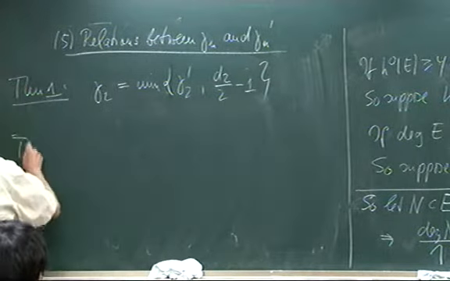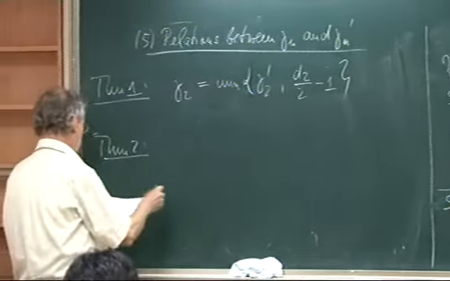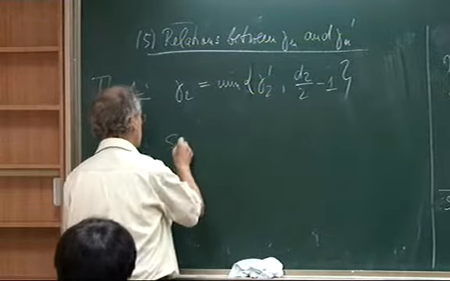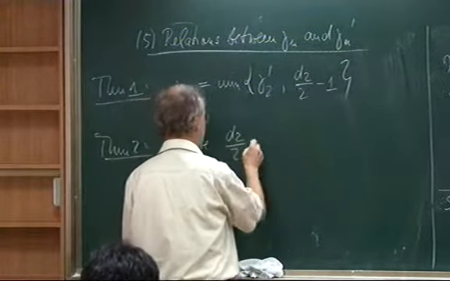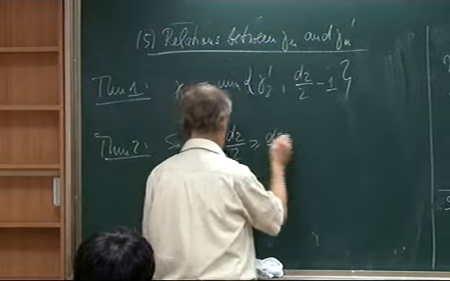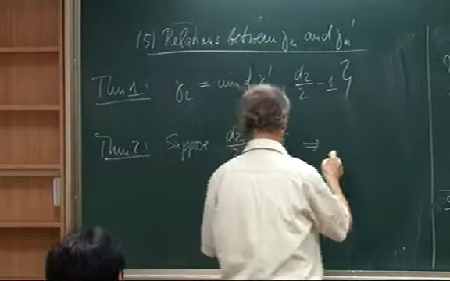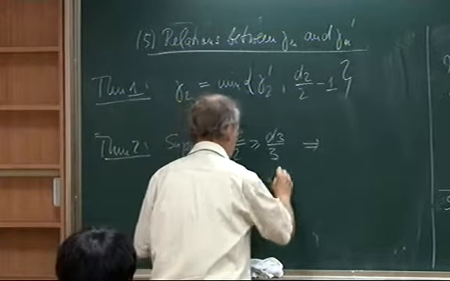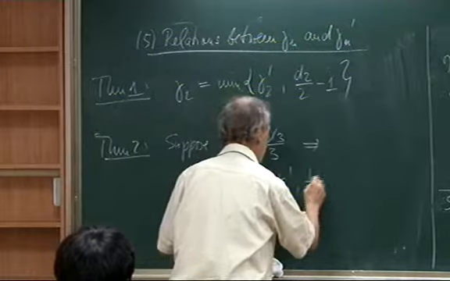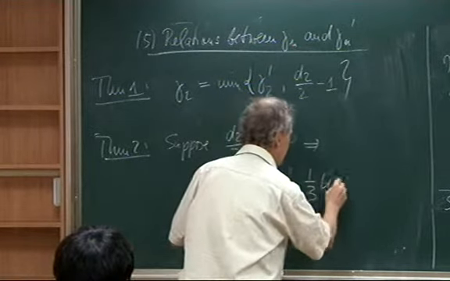So for rank 3, theorem 2, rank 3 and rank 4, suppose d2 over 2 greater or equal to d3 over 3, then we have gamma 3 is equal to the minimum of gamma 3 prime and 1/3 d3 minus 2.